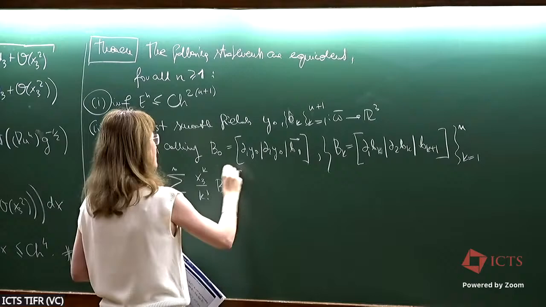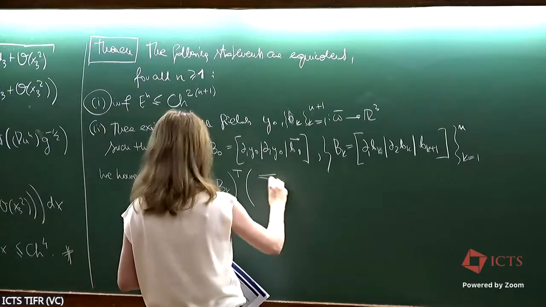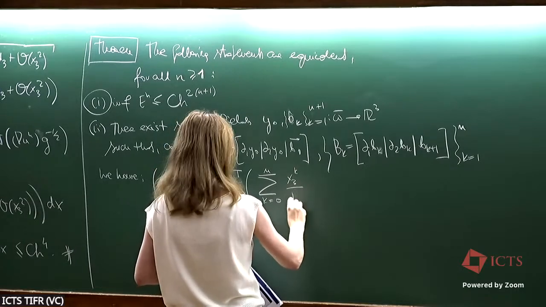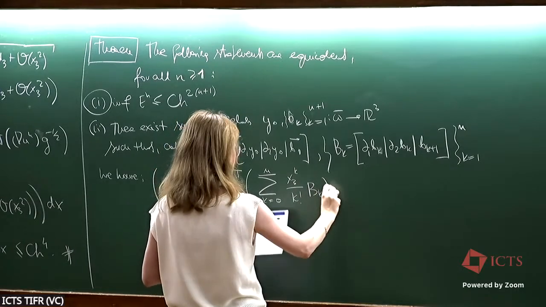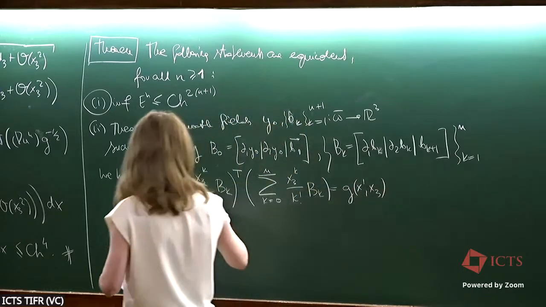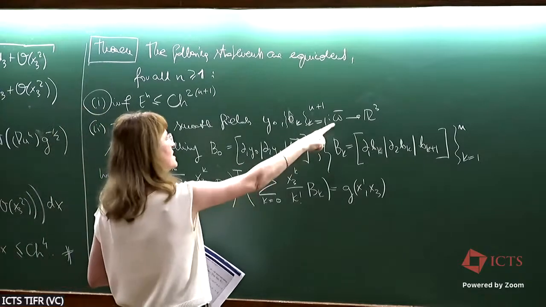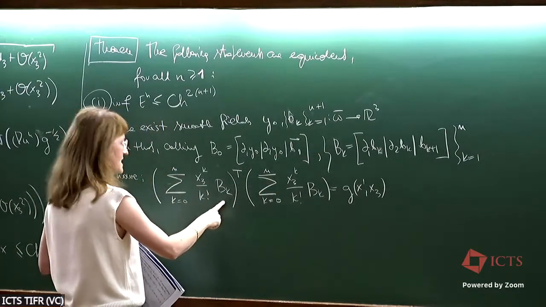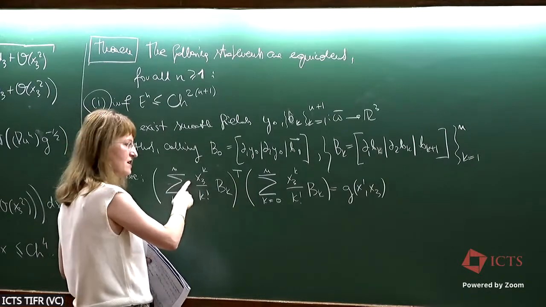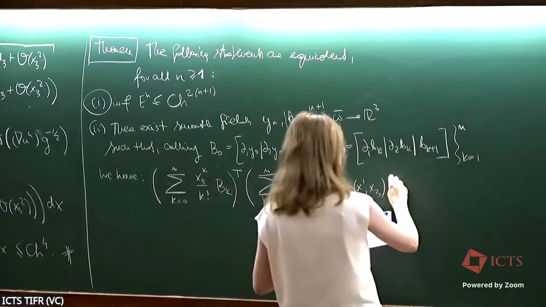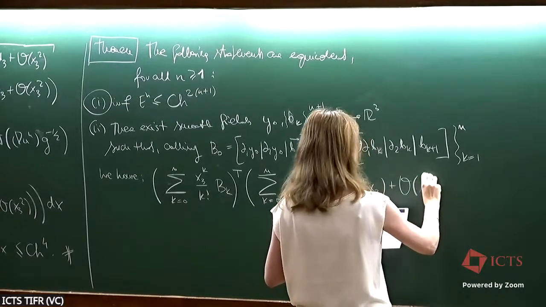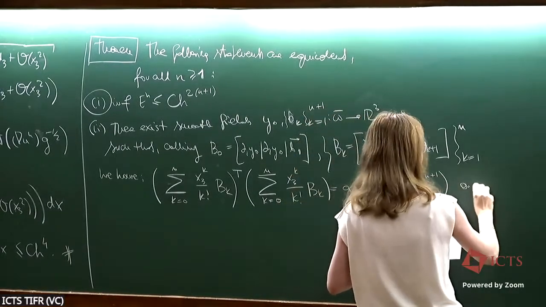So this thing times its transpose equals G of x prime x3. All those BKs, all those vectors live just on omega, so they are functions of x prime, but here I have x3 also exhibited. So this is G of x prime x3 plus O of h to the n plus 1 on omega h.